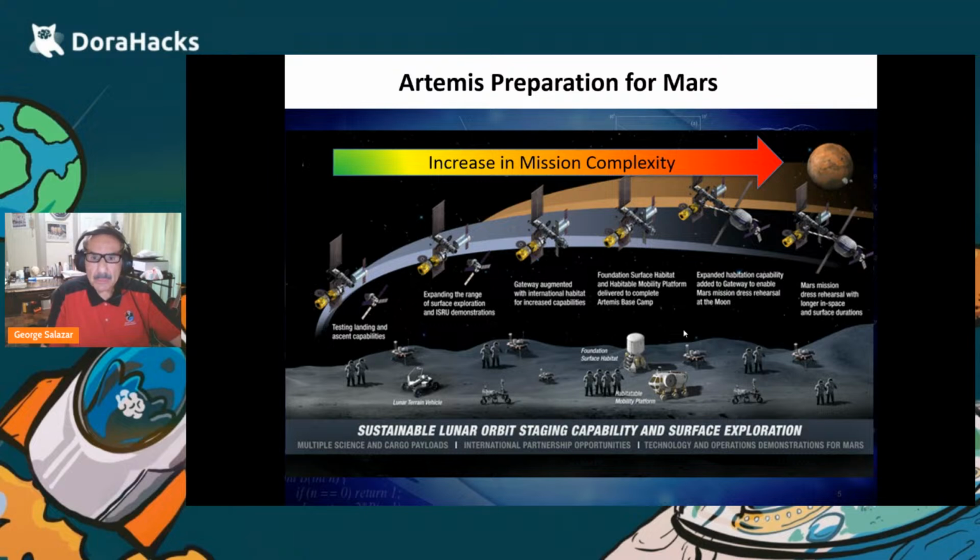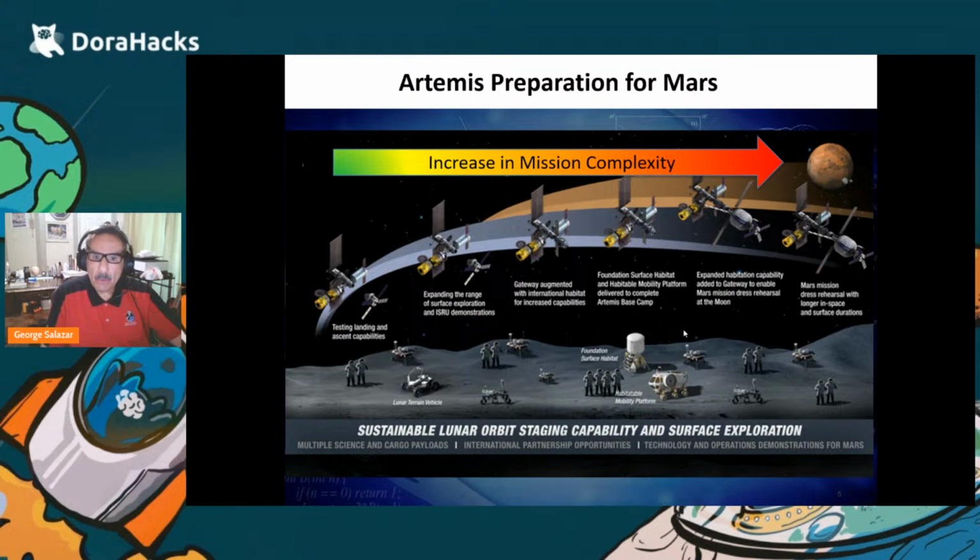So it's just going to be a major undertaking, and we're also going to be building the first orbiting moon space station, which is going to be new for NASA, along with its participating commercial partners such as SpaceX and Blue Origin, as well as international partners.